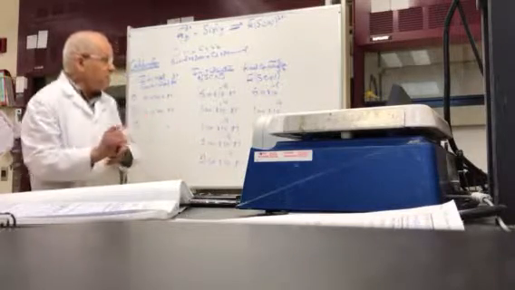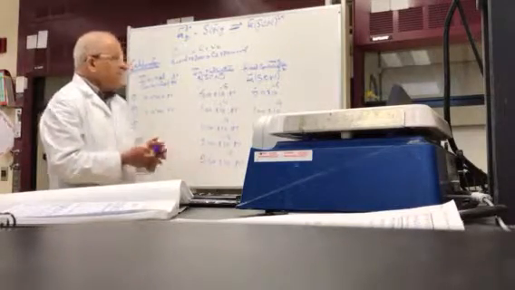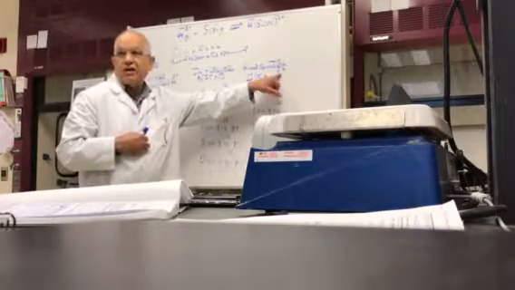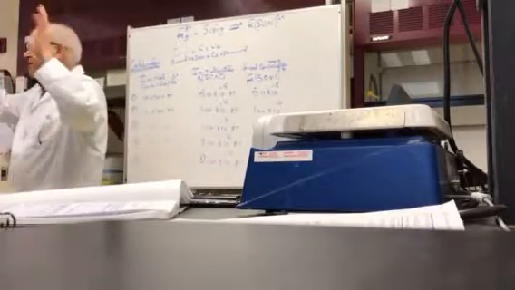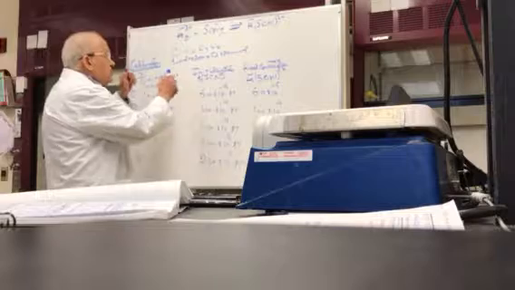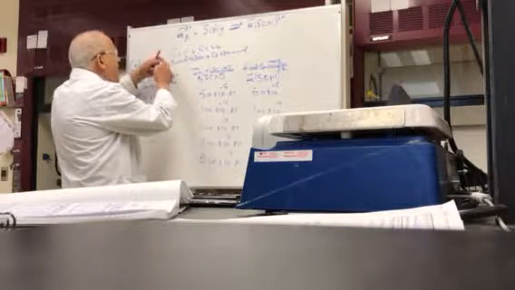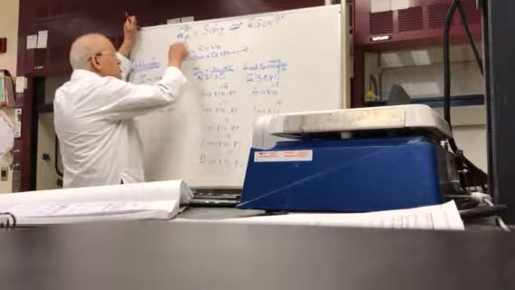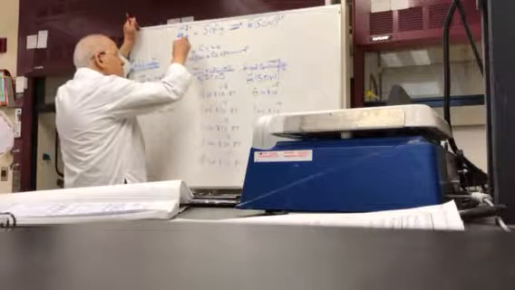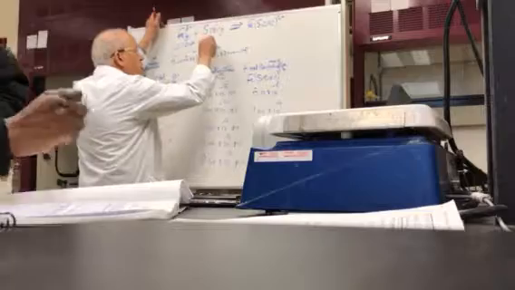Now, here's the thing I want you to understand. The final concentration of FeSCN+2, the complex. I'm assuming here, as I said in the initial, that because the concentration here is so high, this is 0.2000, and this is 0.002.